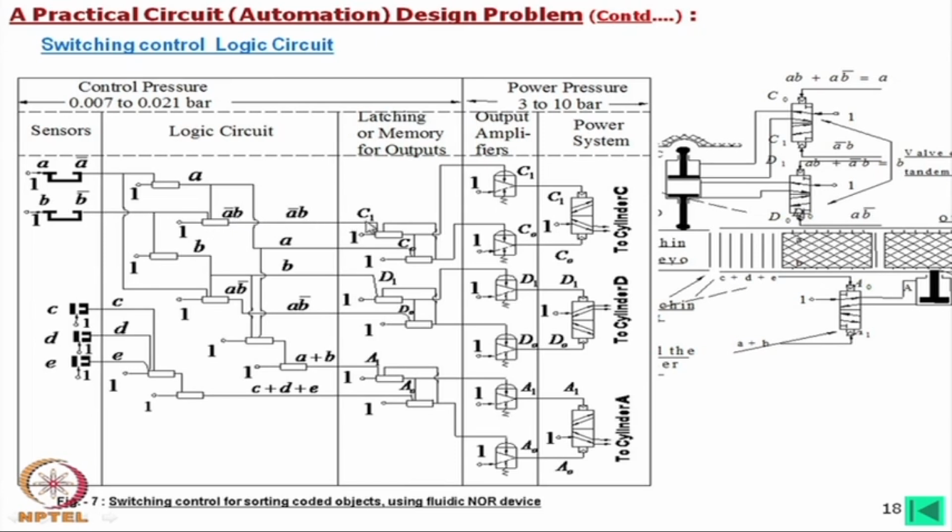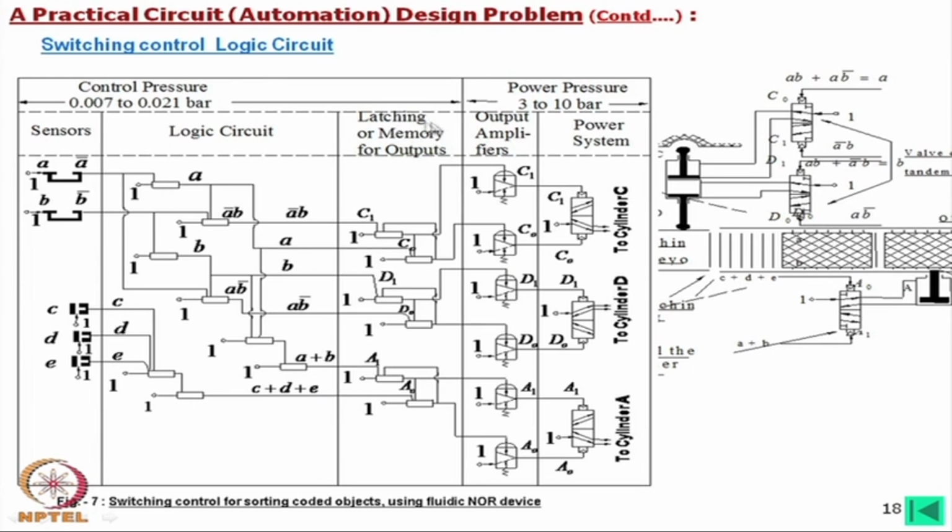Then A bar B is coming over here, and here A is coming, and B is going there. It is being fed to here. So, here we are getting A plus B, and here we are getting C, D, E. This is the stopping condition. From there we are getting C, D, E.